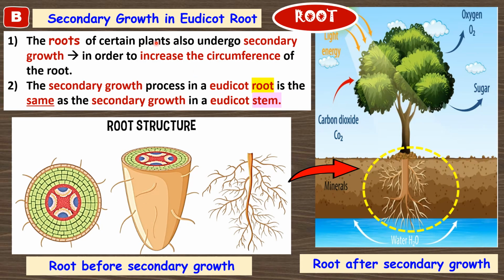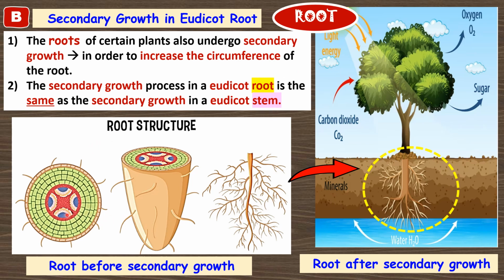Now let's discuss secondary growth in a eudicot root. So the roots of certain plants also undergo secondary growth in order to increase the circumference of the root. As seen here in this tree, the roots are also thickened and they undergo secondary growth. The secondary growth process in a eudicot root is very similar to the secondary growth in a eudicot stem, as we have discussed just now, right?